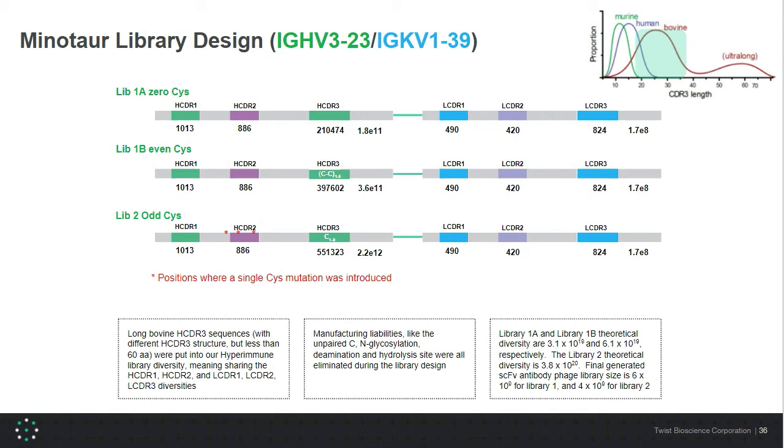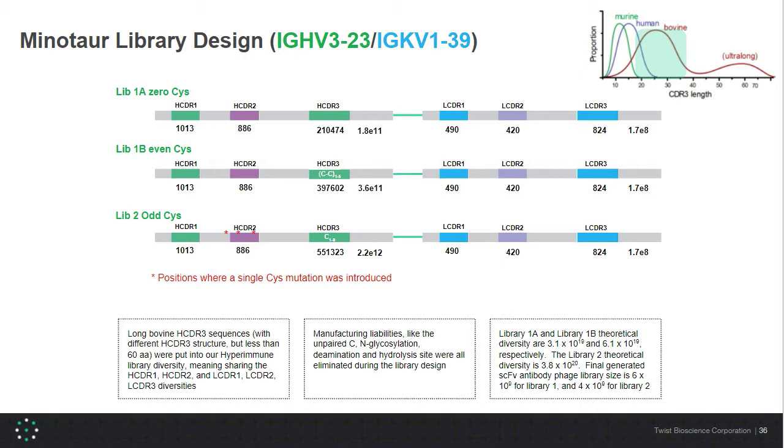And then finally, it is known that several bovine antibodies actually have an odd number of cysteines in their heavy chain CDR3, and then they pair that with another cysteine in the framework or even in CDR2, where they can form that disulfide. So we call that our odd library, and where you can actually form another disulfide with the framework itself.